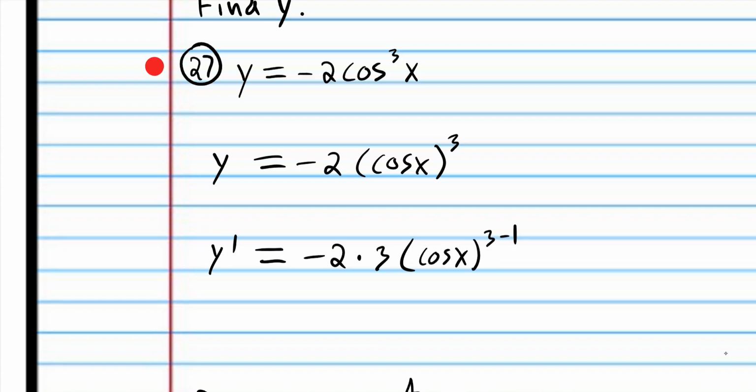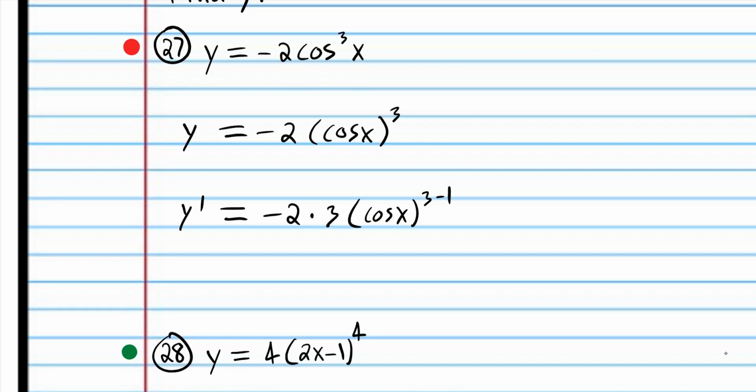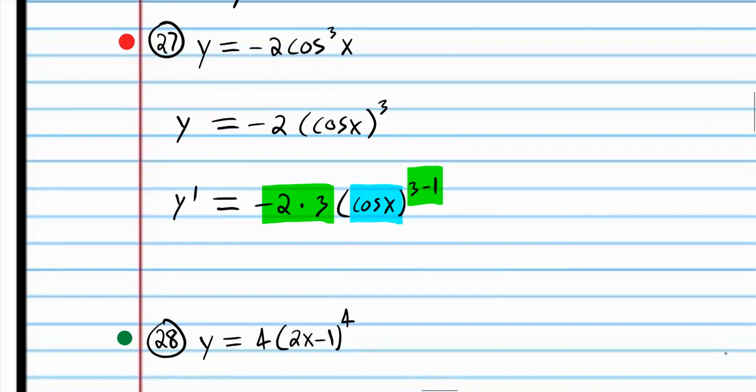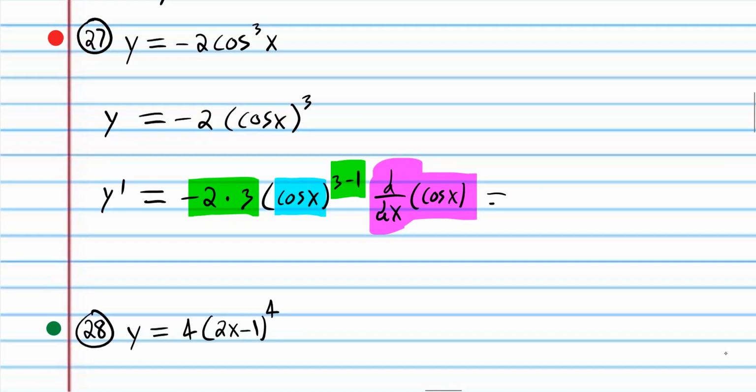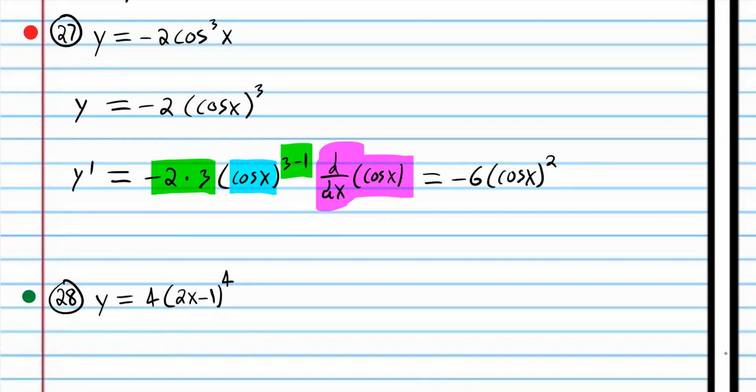And of course subtract 1 from the exponent, so we found the derivative of the outside, but we kept the inside function unchanged, and now we're going to multiply by the derivative of the inside function. And so we have -6 times cosine x to the second power times -sine x.